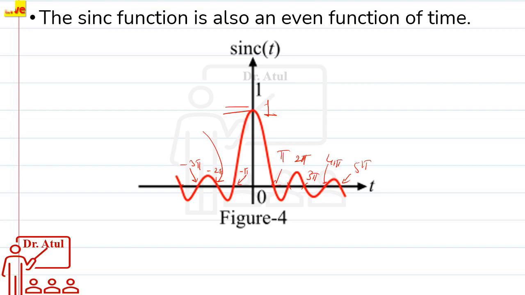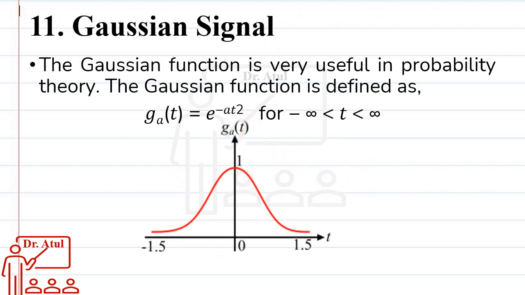Okay, next one is Gaussian signal. This is a part of binomial distribution. It is very useful in probability analysis, and probability is related to signal for the noise analysis. There is Gaussian noise in communication systems.